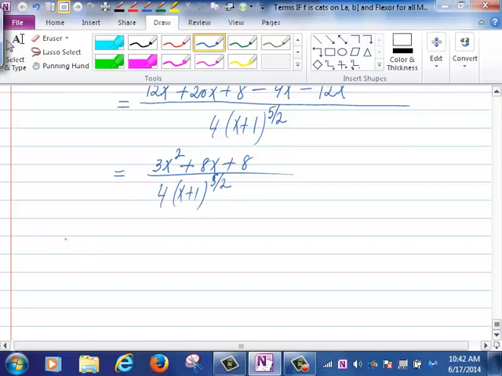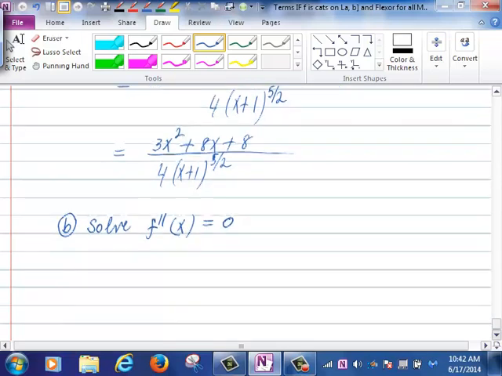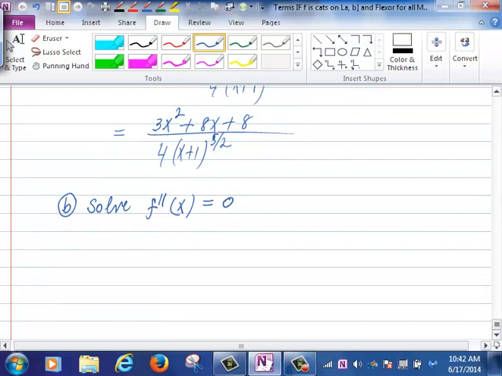What's part B then? Part B would be: solve f double prime of x equals 0. The second derivative is where?